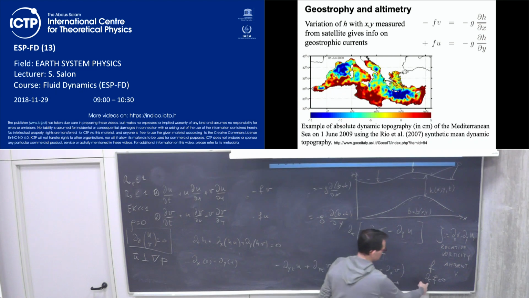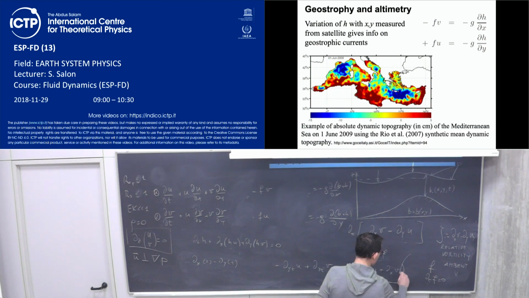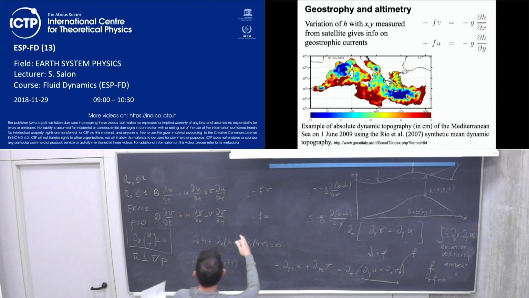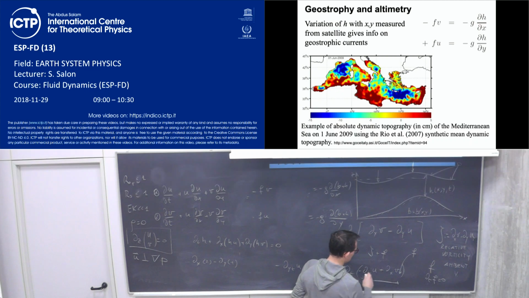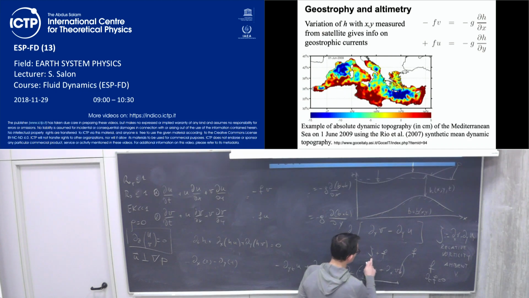The local derivative in time of the Coriolis parameter is 0 because the Coriolis parameter only depends on the latitude, so on y, not on t. Since it is 0, I can put f here. So all these equations will have some terms with zeta, some terms with f. What Cushman says is, let's gather all the terms which have zeta and f, and if we don't have f, just put it.